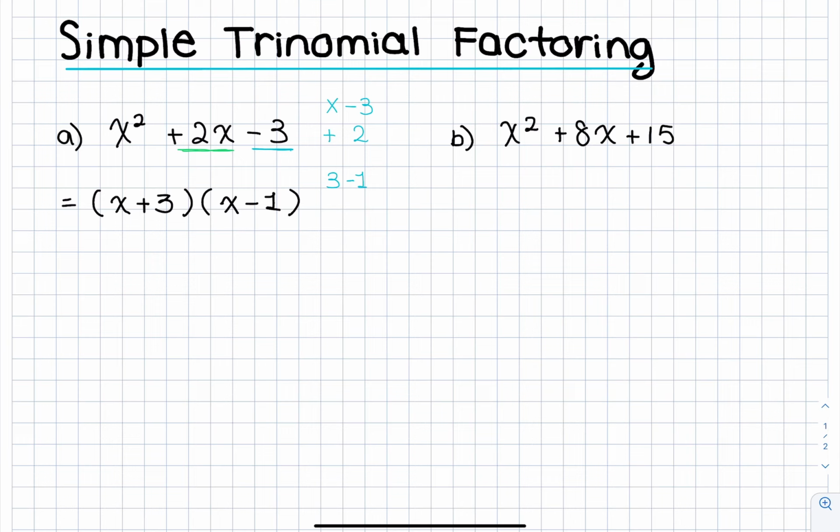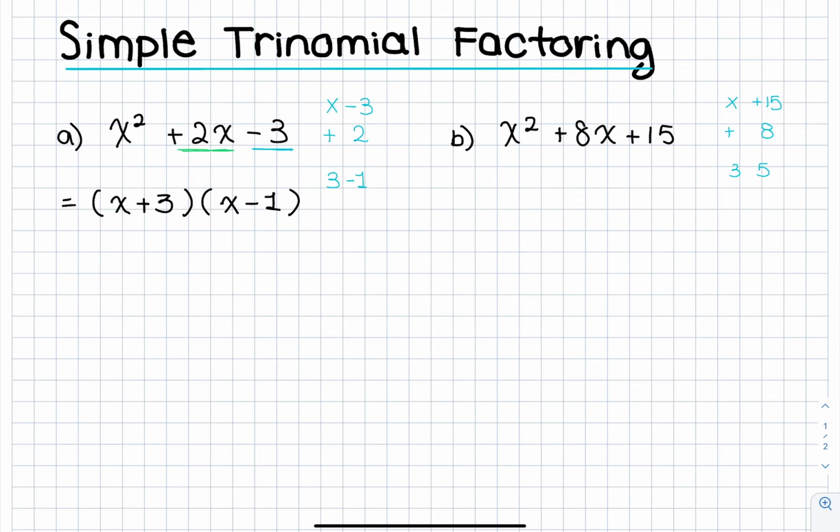So if we take a look at B, in this case, we're looking for a number that is multiplying to +15 and adding to 8. So we know we can get 15 by doing 3 times 5. And if we have 3 and 5, if they are both positive, that multiplies to 15.